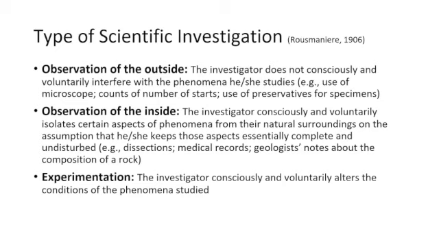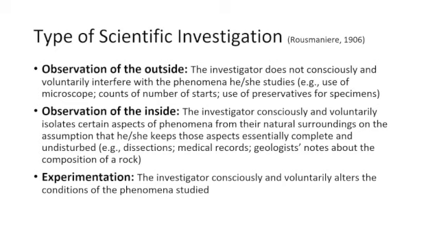Observation can also mean that investigators consciously isolate certain aspects of phenomena from their natural surroundings or from existing data to gather information. For example, a biologist classified microorganisms that she found in a cornfield to determine what type of soil we have in Indiana.